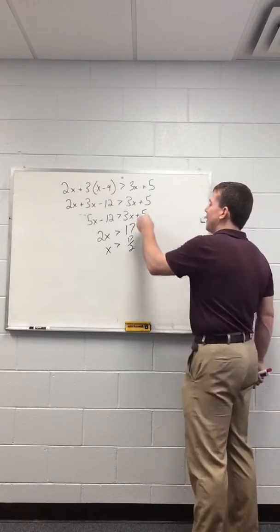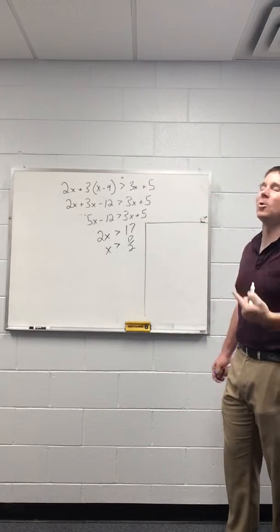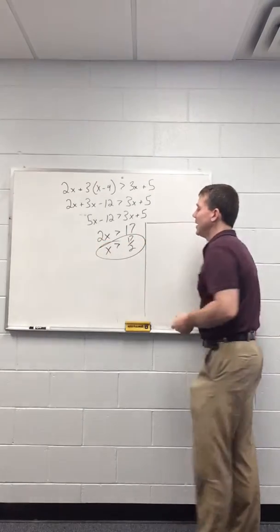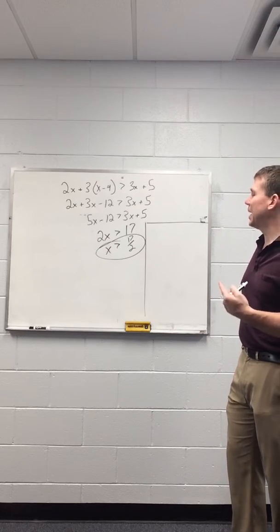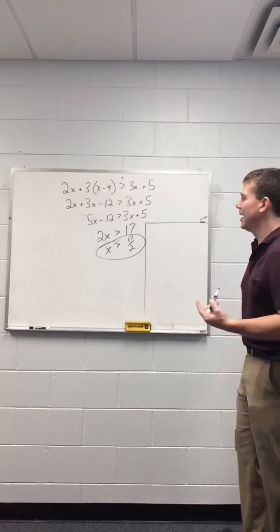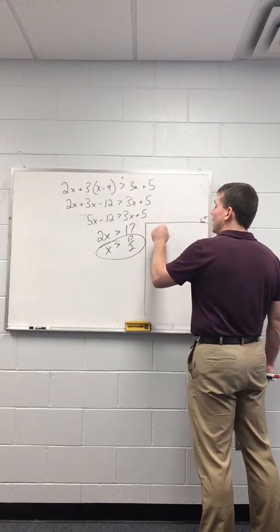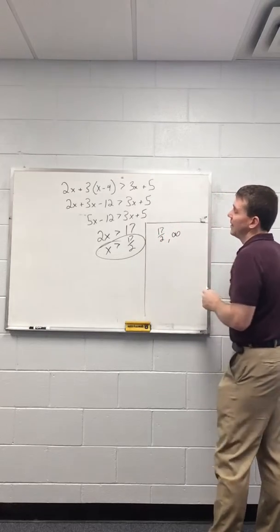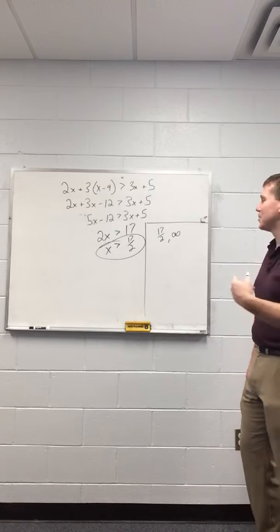Once we start talking about inequalities, there's multiple ways to write your answer. This is one way, just writing it as an inequality. A lot of times your book and Alex in your exam will say to write things in interval notation. So in this case, x is greater than 17 over 2, which means I want the numbers from 17 over 2 out to infinity. Then I just have to put parentheses or brackets around those numbers.